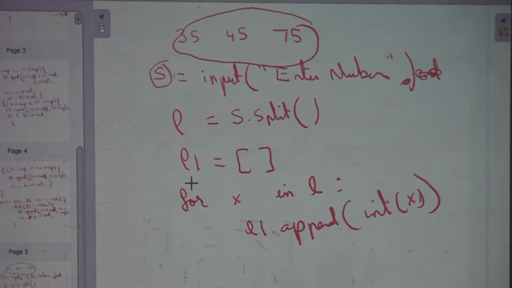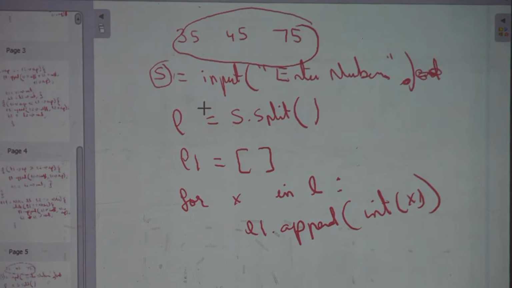Let me walk through it again. Everybody clear what I'm doing? What I'm saying is, if you have to accept these three numbers from the user and put them in a list of integers, because right now we are working with lists, how will you do that? That is all I'm saying. I'm showing you the slightly roundabout way of doing it. Then I'll show you a reduced version of it. The longer way of doing it is, first read the numbers in S, automatically they will come as one big string.